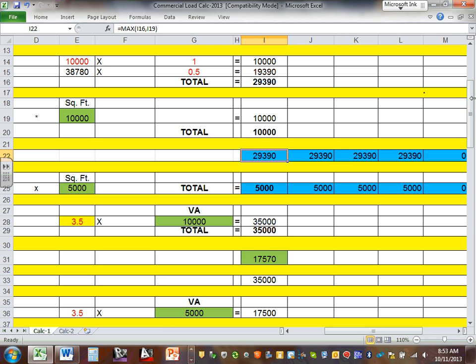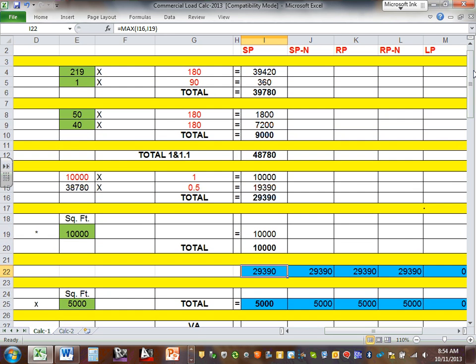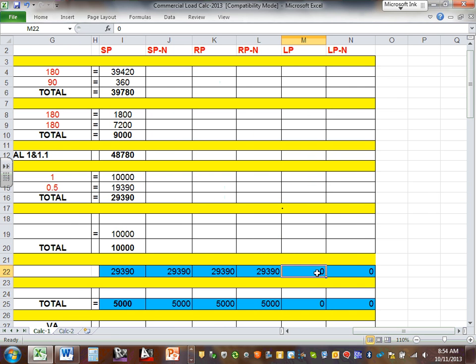Now this is where I would like you guys to pay a little bit of attention. Can you guys see how I'm carrying this number here, it is going to be under the neutral. The neutral will see this, and also the receptacle panel will see it because it's receptacles, and the receptacle neutral will see it. Now, Karen, the lighting panel will not see the receptacle load. Anybody knows why?